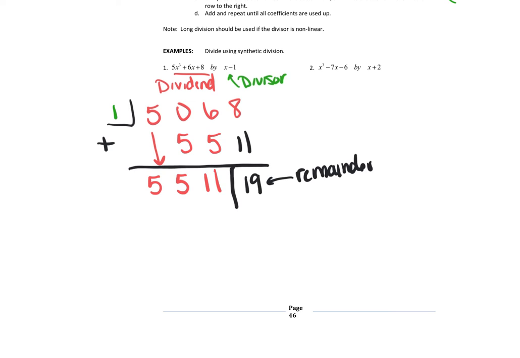Notice here, we started at an x cubed term. If we write one exponent less than that, we're going to write this as 5x squared plus 5x plus 11 plus 19 over my divisor, which is x minus 1.